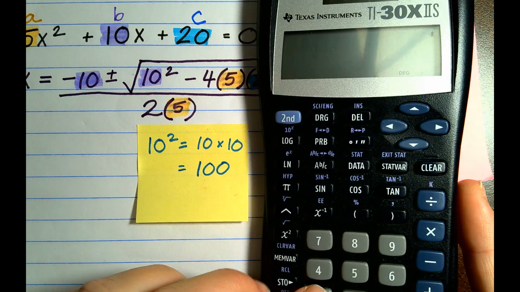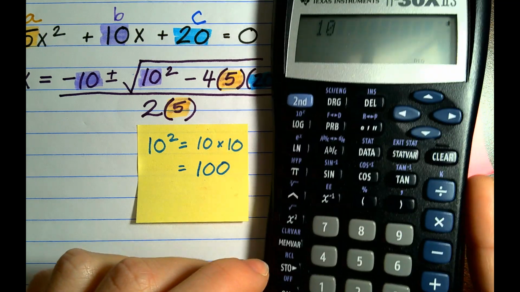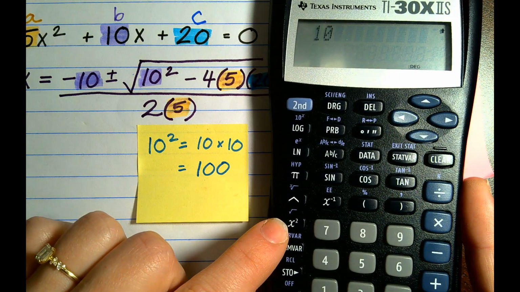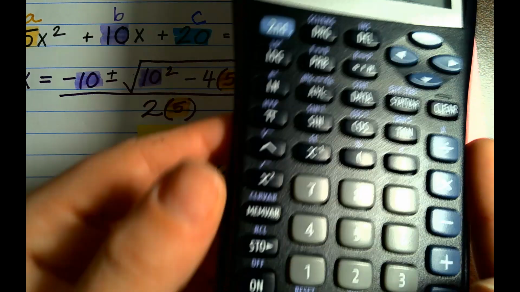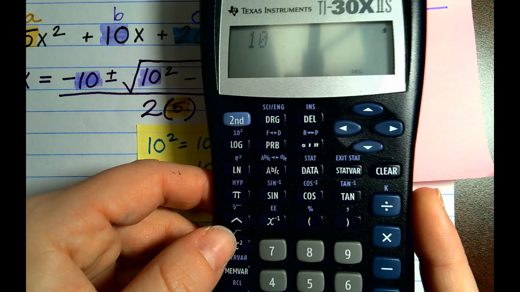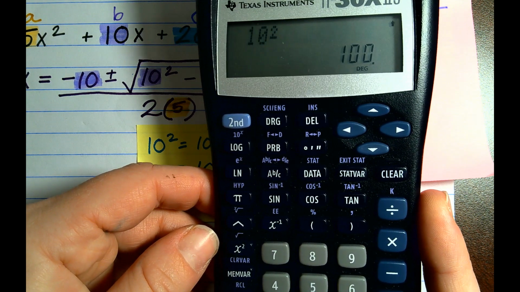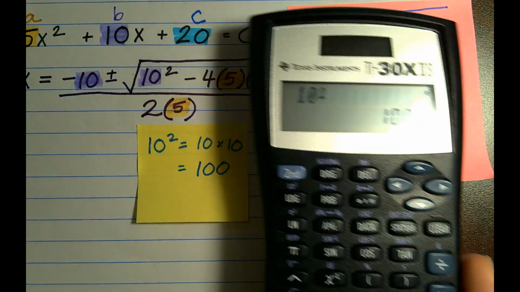We could either type 10 times 10, or I can type 10, and then there is a square button right next to 7 on the calculator over here on the left side. It just is an X with a little 2. We type in our number, we push that button, and look at that, 100. Calculators are useful. Please feel free to use them.